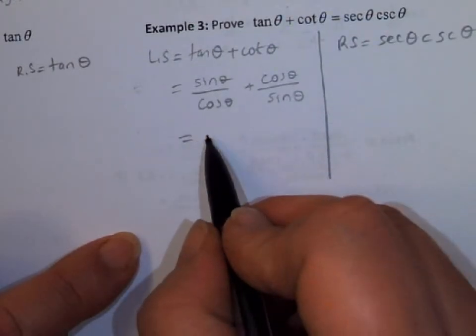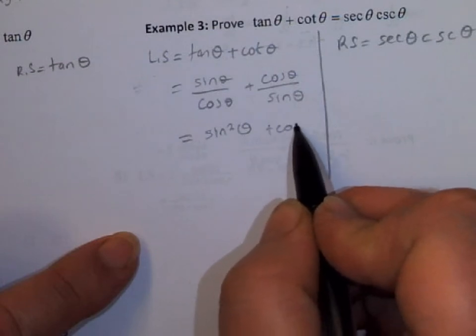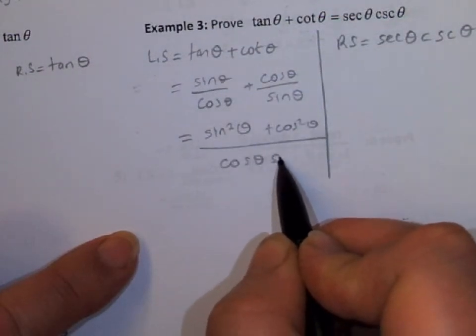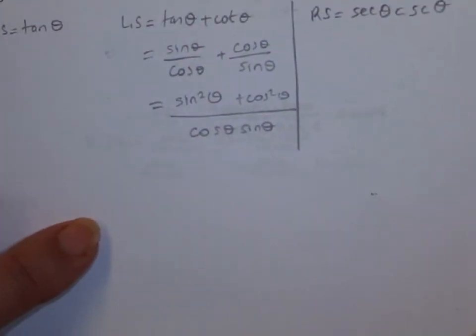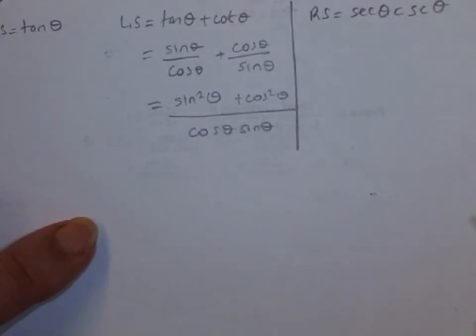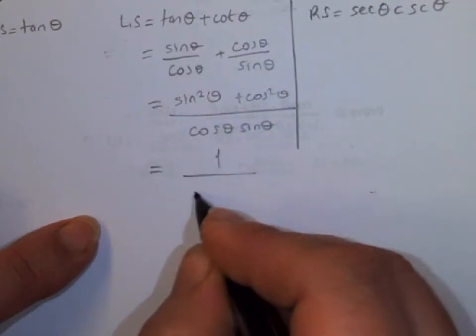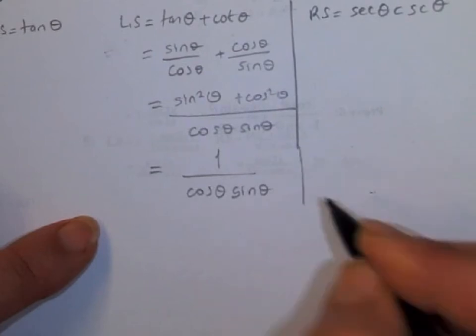Have a common denominator, sine square theta plus cos square theta over cos theta sine theta. Now sine square theta plus cos square theta equals 1 over cos theta sine theta.